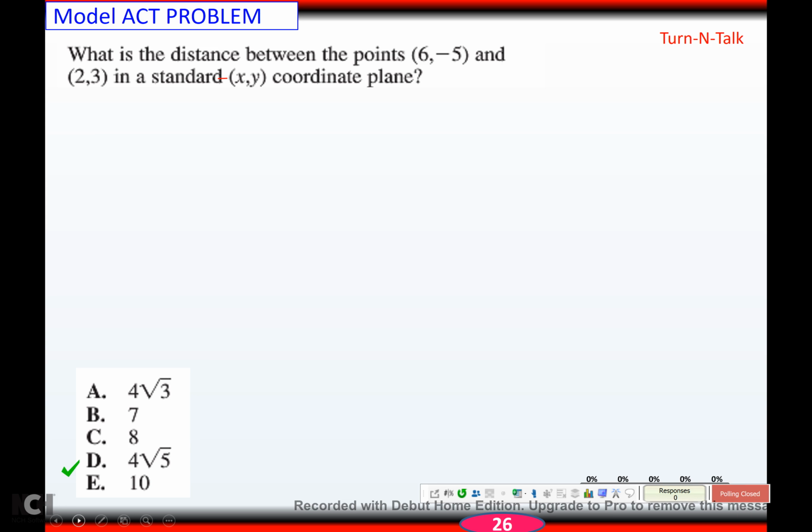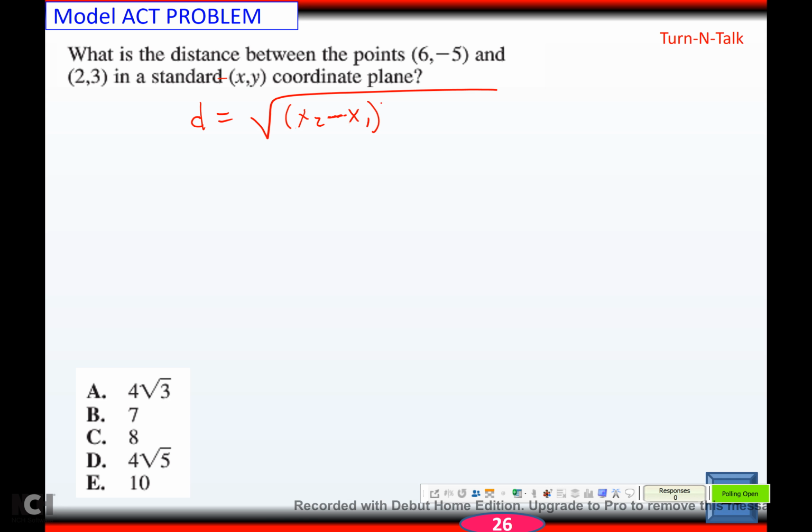Alright, and they want the distance between those points. So remember, your distance formula is the square root of x2 minus x1 squared plus y2 minus y1 squared.